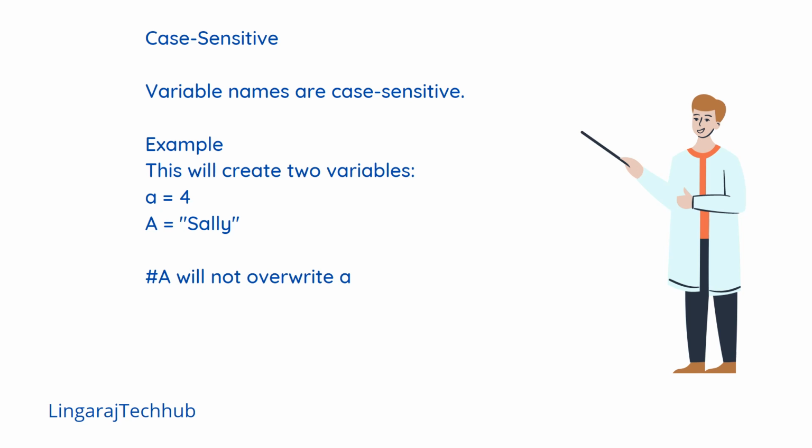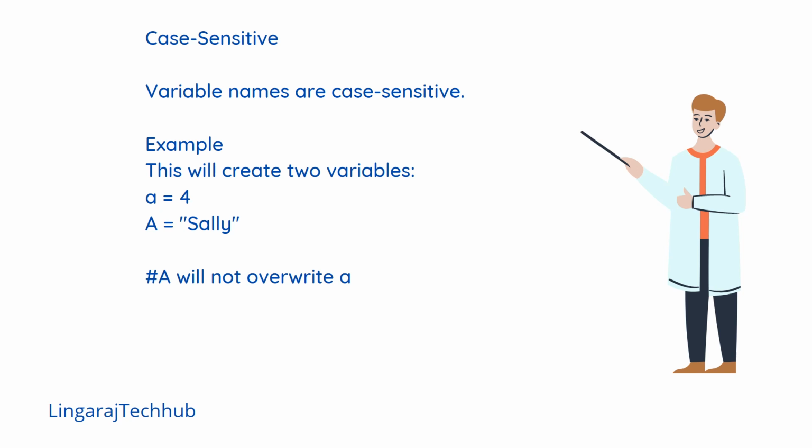What does it mean that variable names are case sensitive? Suppose you declare a equal to 4, and at another time a is taken as a capital letter, A equal to Sally. The small letter a is assigned the integer value 4, and the capital A is assigned Sally.